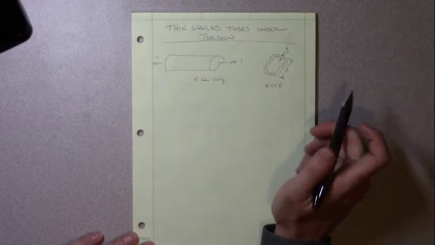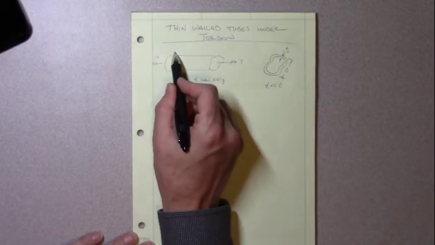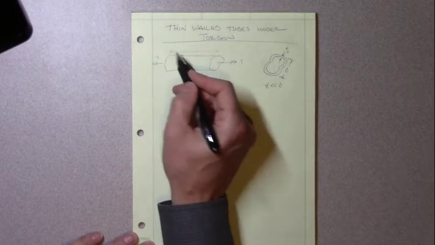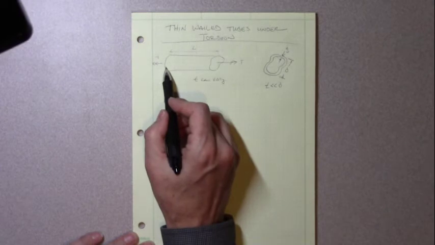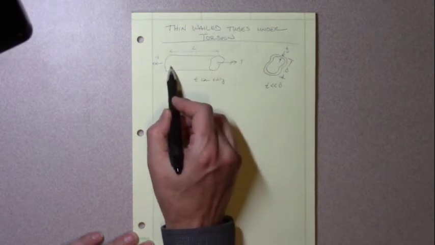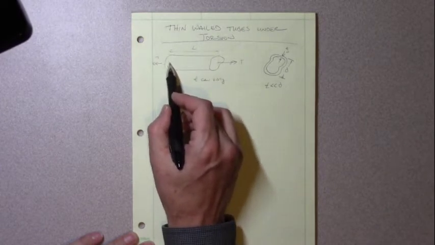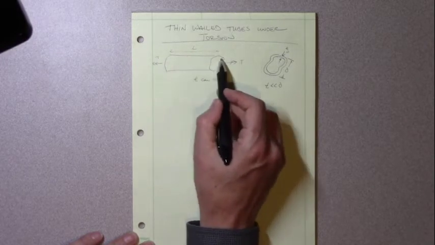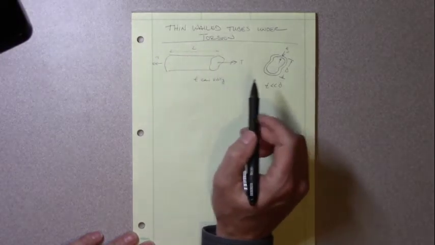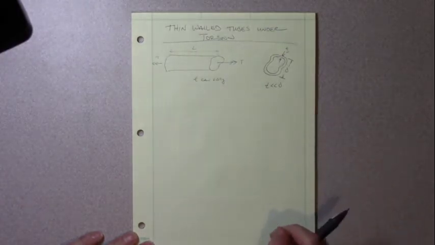It can change. But when we look at that thickness along the whole entire length, that thickness will remain the same. So along this direction, the thickness will remain constant, although as we change around its circumference or around its perimeter, that thickness can change.